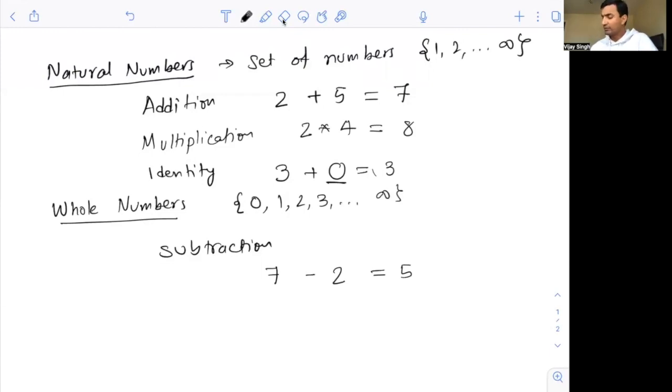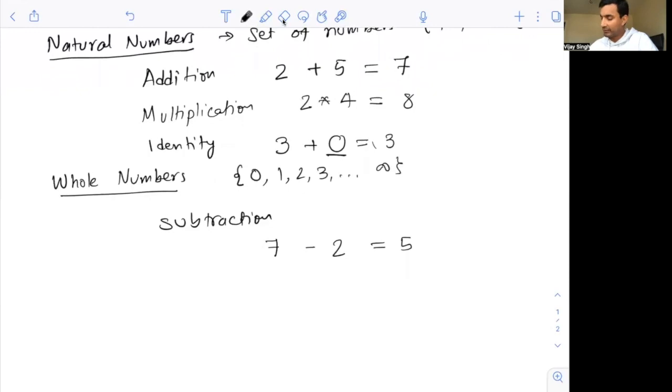But we could have taken another example. Let's say we take the whole number 3 and subtract 8 from this 3.